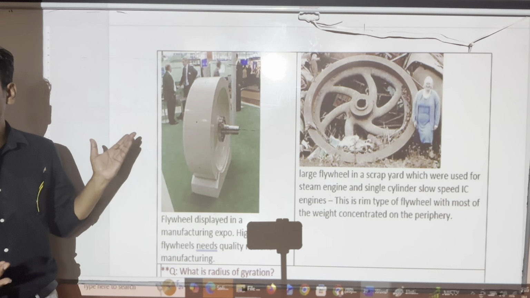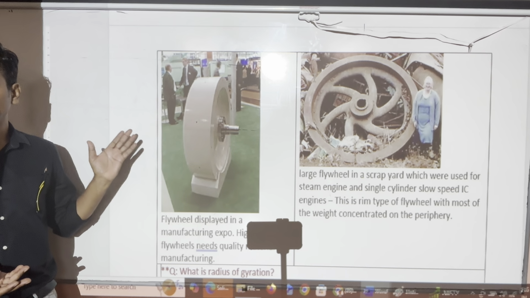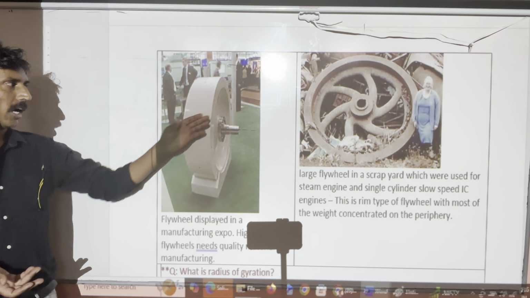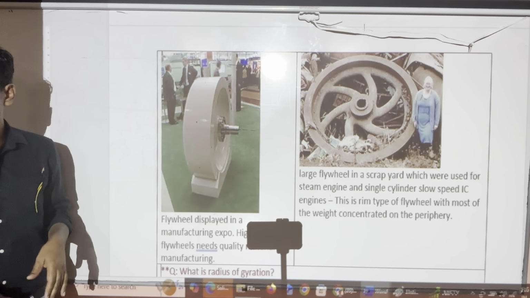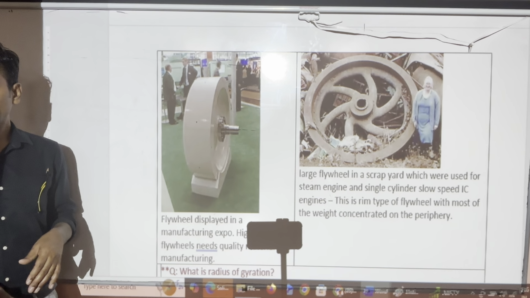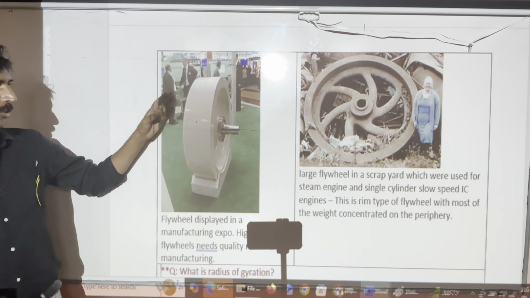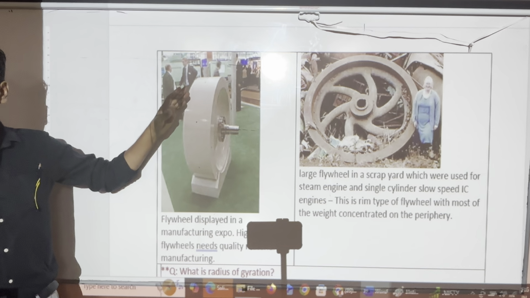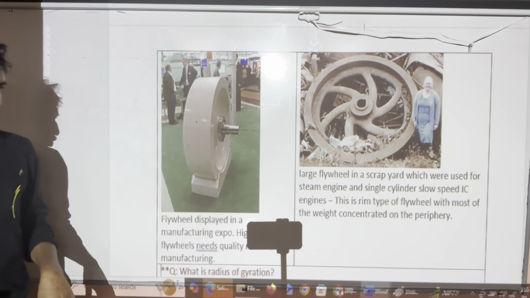Maybe it's a high-speed flywheel that needs to rotate at high speeds, and the balancing is so good that even when you rotate it, the flywheel doesn't produce any imbalance. It's not easy to have a completely balanced flywheel, so making a flywheel is not easy. It has got a lot of manufacturing issues also.